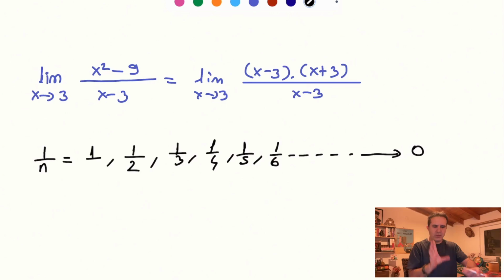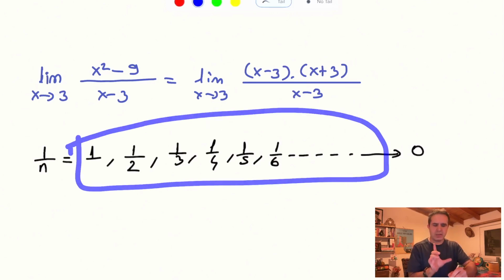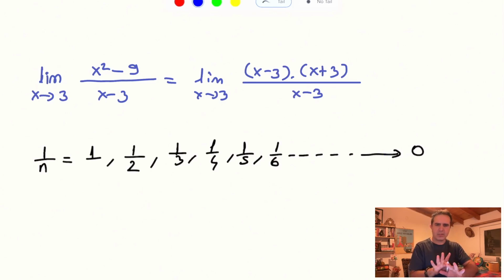And we know that none of these terms are equal to 0. Never. Every one of these terms is a positive number. Maybe they are closing in on 0, but none of them will be 0.